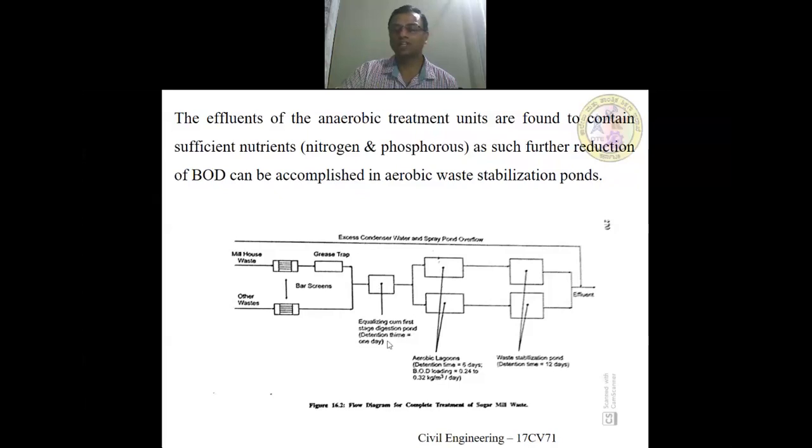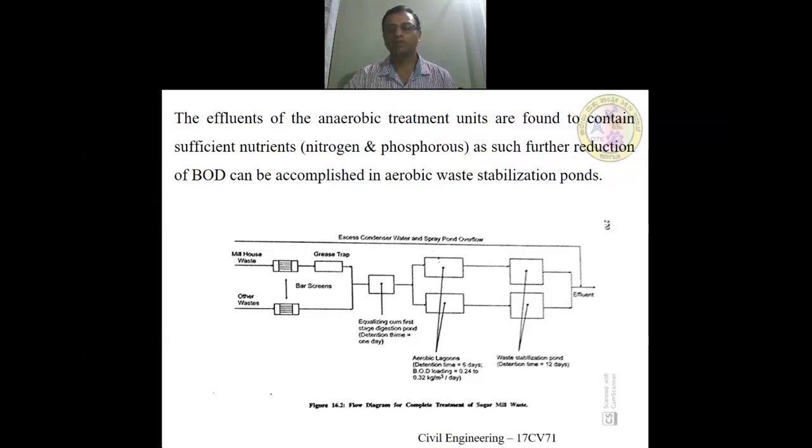Second, you go for an equalization tank because of the high acidic range. So you go for equalization with a detention period of 1 day. Then the next step is aerobic lagooning, where BOD is going to be oxidized by microorganisms.